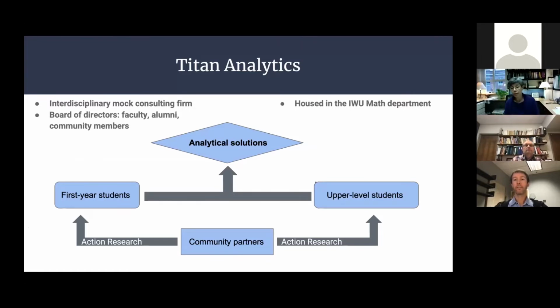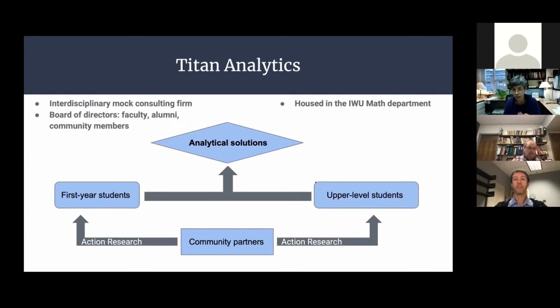Our alumni are eager to be mentors, so we have a board of directors that we're still trying to populate. But basically, thanks to Deborah Halperin, she has been an immense resource for us.